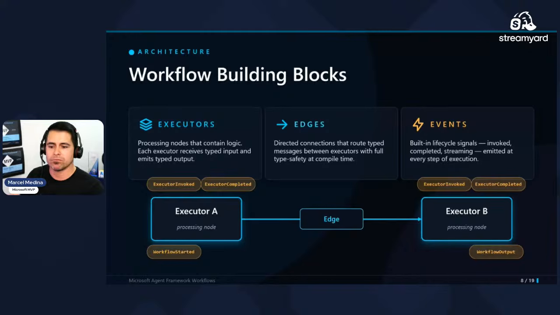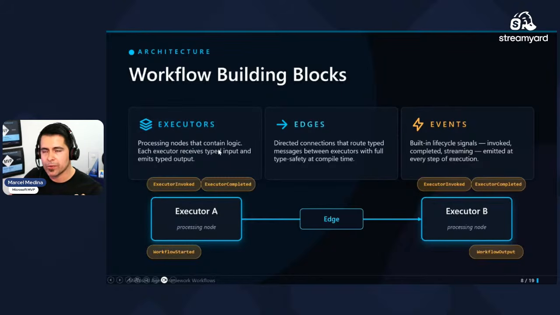That could be simple, deterministic code. We're going to be using C# in the examples I'm going to show. But you could also bring agents in there, logic that queries LLMs, and you make a decision out of that. Within the agent framework, we have these processing nodes, and everything here is wrapped up.